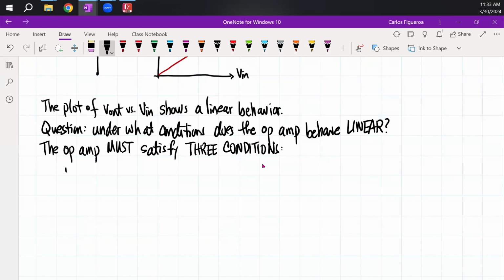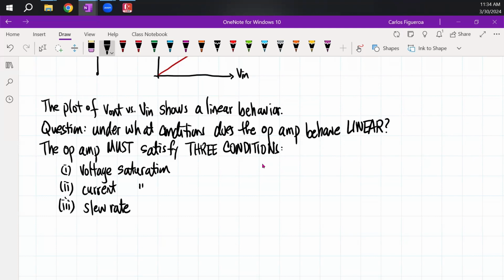And these are the voltage saturation. The second is current saturation. And then finally, there's a third one that's called the slew rate.